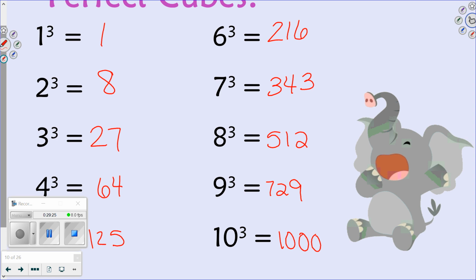Do you know how to find the cubed root in your calculator? We know where the square root button is. Where's the cubed root button? All right, so on your calculators, guys, real quick, I want to make sure we're clear on how to do this. If you hit the math button, it is right underneath the green one. Look at math, and then do you look down to option number 4?